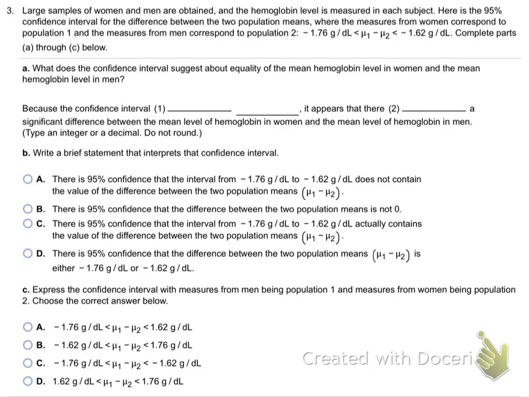Okay, number 3. Large samples of women and men are obtained, and we're measuring their hemoglobin levels. The measures from women correspond to population 1, men are population 2. We're taking the difference, notice. So this is women minus men.